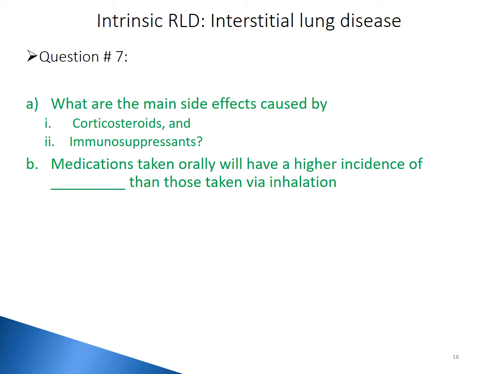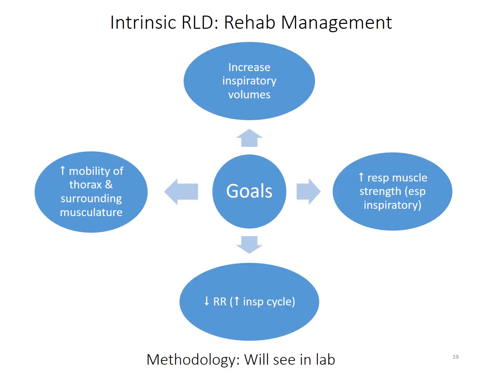Please answer question 7, A, B, and C on your prep sheet before proceeding to the following slide. So basically the goal with restrictive disease is to increase the inspiratory volumes, to increase the mobility of the thorax and surrounding musculature, to increase the strength of the musculature to fight against all of that stiffness, and then to decrease the respiratory rate in order to increase the length of that inspiratory cycle to give them time to get more air in.